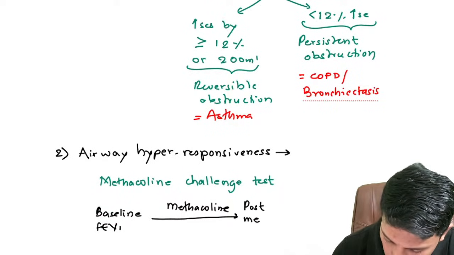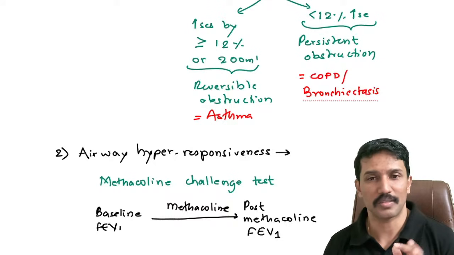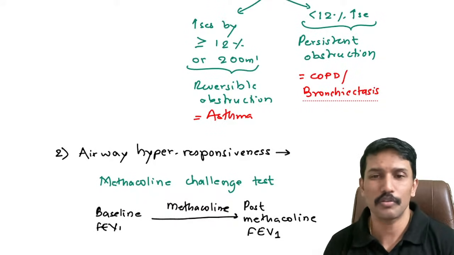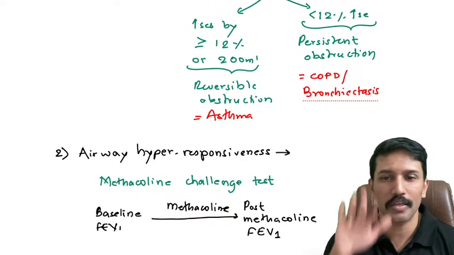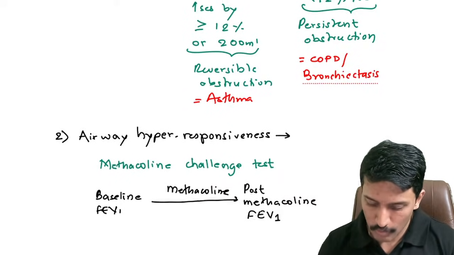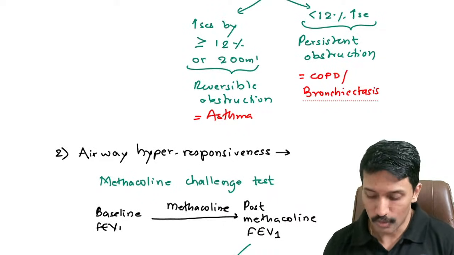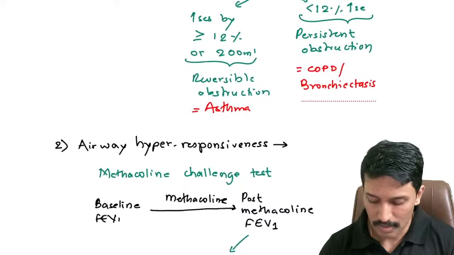And we will check post methacholine FEV1. And if it dropped by more than 20%, why will it drop? Only when the airway constricted severely will it drop. If it did not constrict, it wouldn't drop. So if it dropped by more than 20%, then airway hyperresponsiveness is present and you can say that this patient is having asthma.